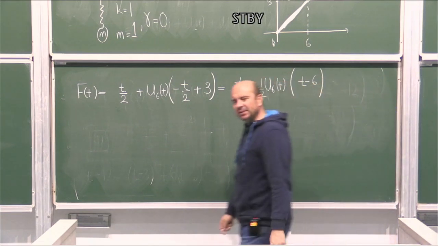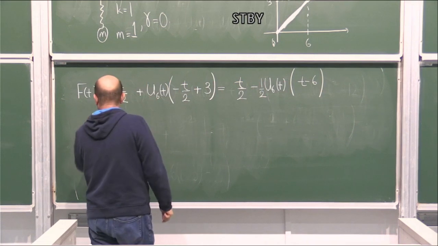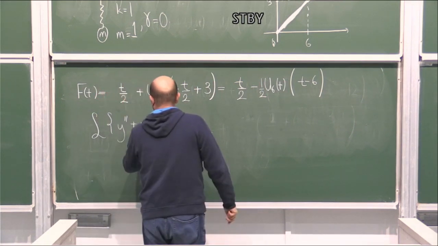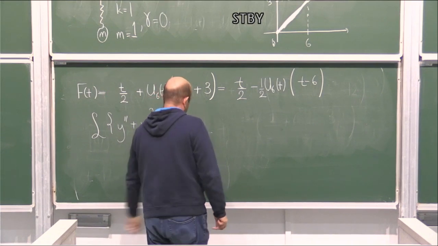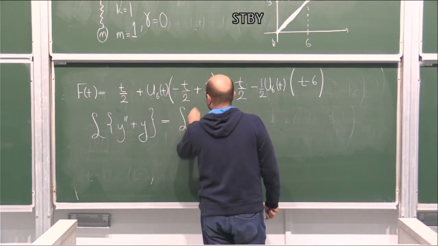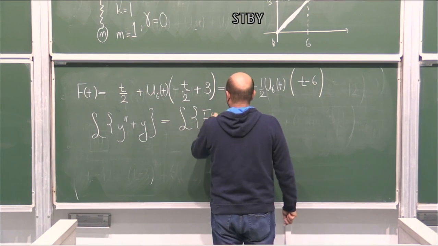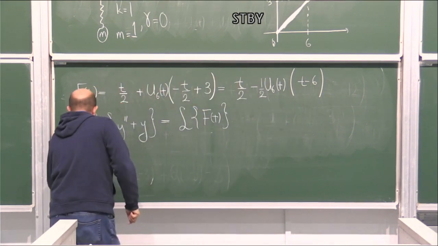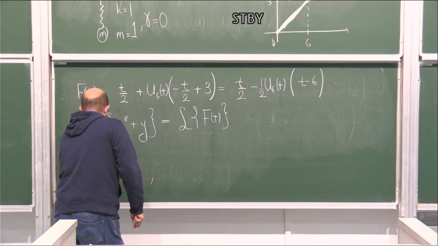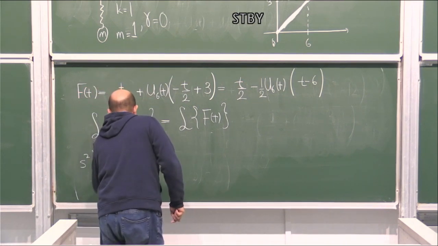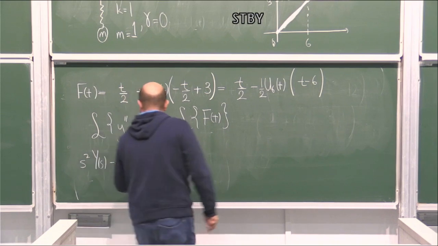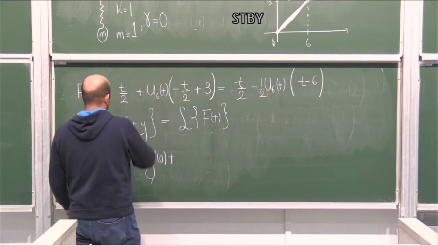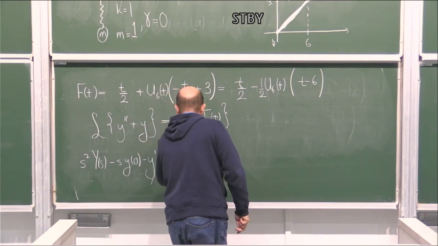Now let's take the Laplace transform. y double prime plus y equals f of t. From this, we get s squared Y of s minus s times y of 0 minus y prime of 0, plus the Laplace of y, which is Y of s.